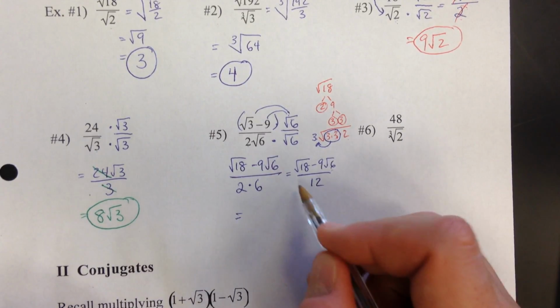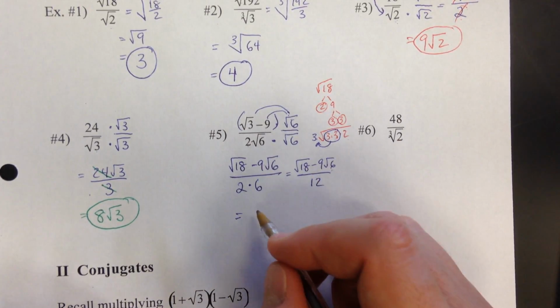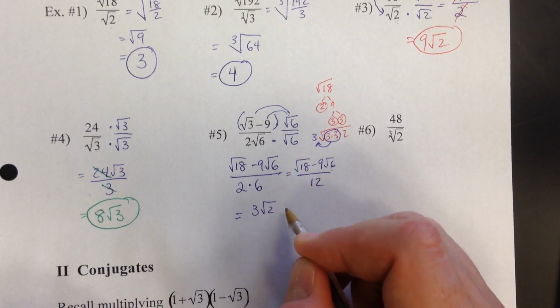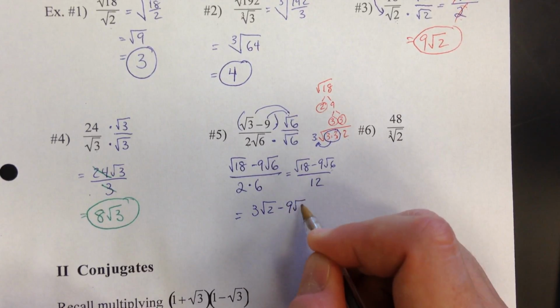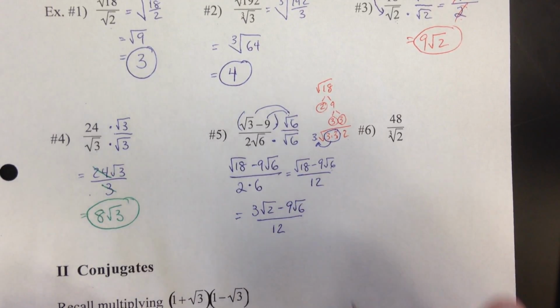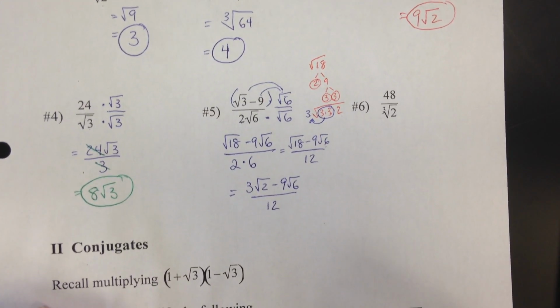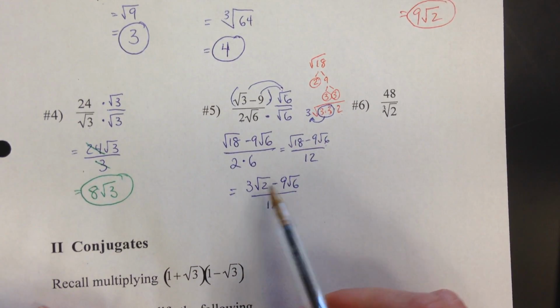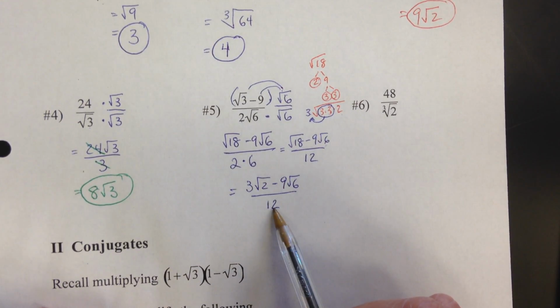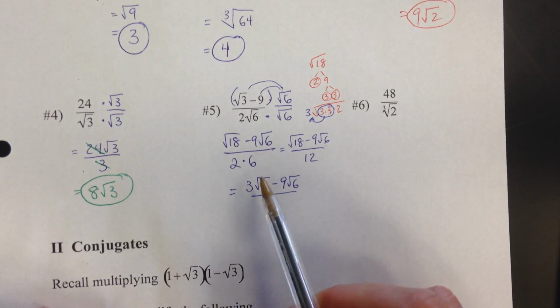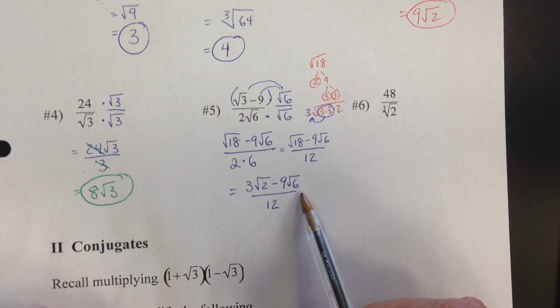So I'm going to come back to my expression here. Square root of 18, that was 3 square root 2 minus 9 square root 6 divided by 12. Can we divide all 3 terms by the same number? Now, I'm not looking at the radical part. I'm not looking at square root 2, square root 6.